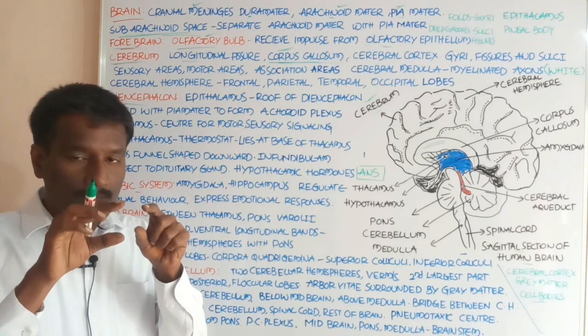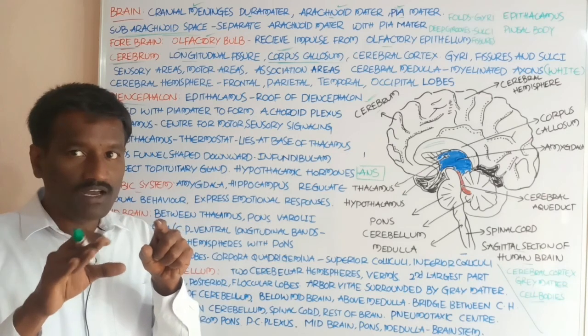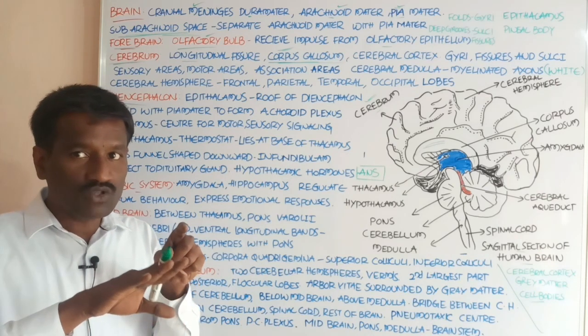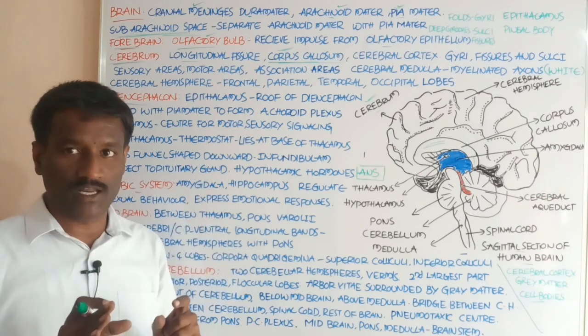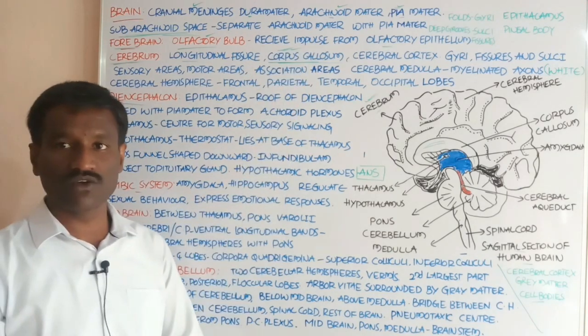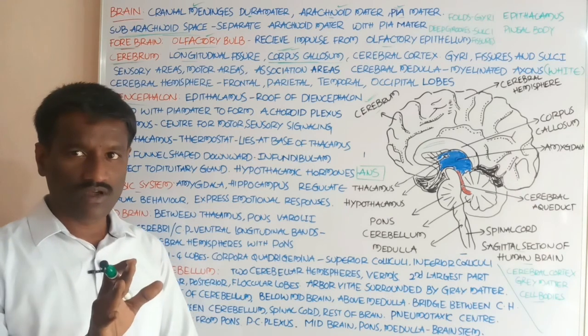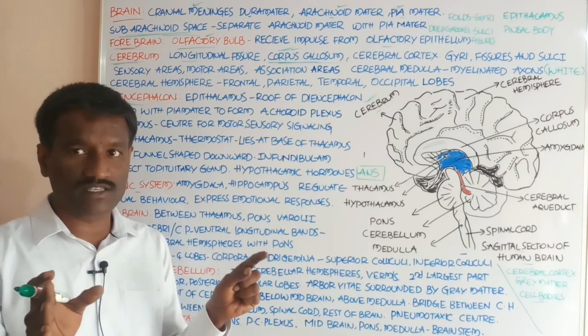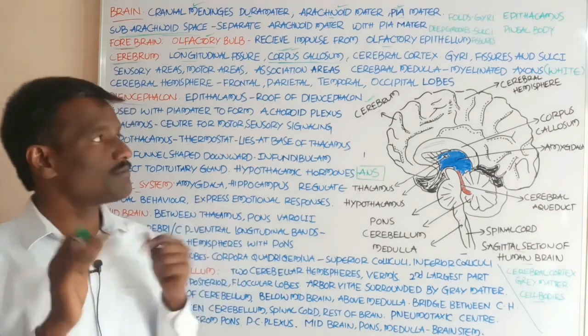That bundle of myelinated fibers which connects both cerebral hemispheres is called the corpus callosum. The corpus callosum regulates the coordination between the two cerebral hemispheres.